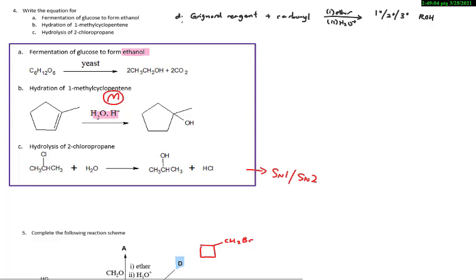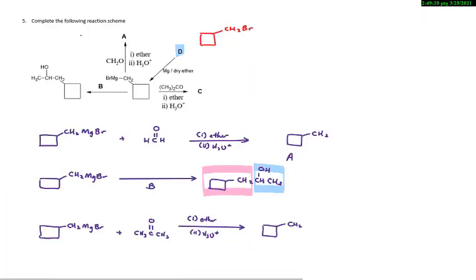And the last one, we have the reactions of Grignard reagent. So this one we will look at in question 5. We start off with our structure D. From structure D, when it reacts with magnesium in the presence of dry ether, it produces our Grignard reagent.